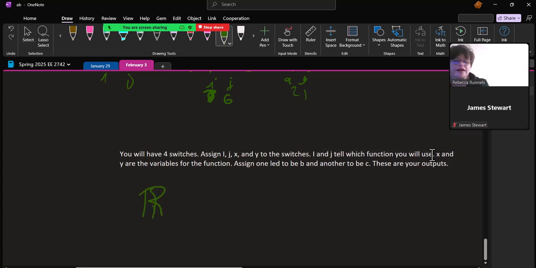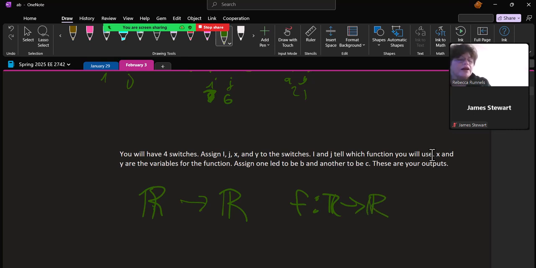When you talk about domain and range of a function, you can write it like this. You can say your domain is the reals and your range is the reals. But I had never seen that before. And so I had this homework that just had F: R to R. I had no idea what it was, and I was like, I hate school. I don't ever want to go to school again. But yeah, notation can really be something until you get used to it.